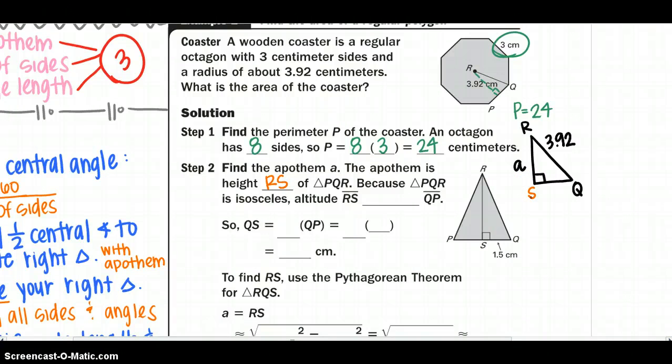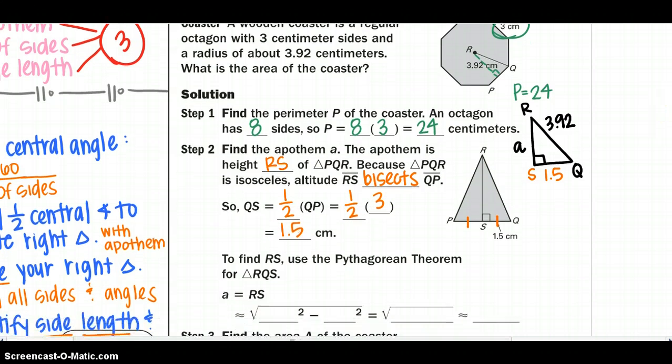Because the triangle is isosceles, the altitude RS bisects QP. So we know that this is congruent to that. And since PQ is 3, we know that half of it is 1.5. So 1/2 of QP, which is 3, is 1.5 centimeters.